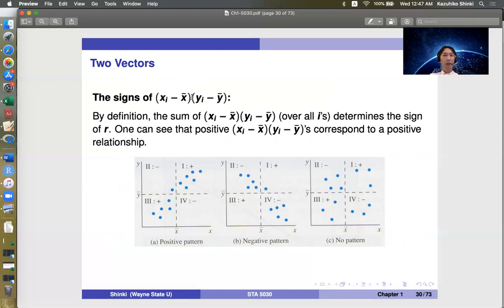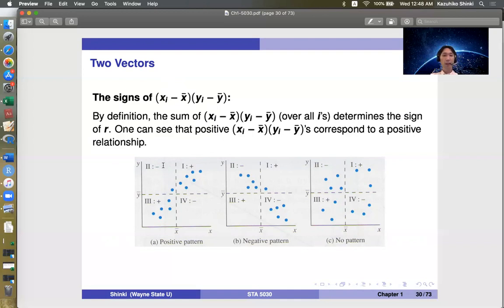So if these two factors are both positive, then the product is positive. If one is positive and one is negative, then the product is negative. If both are negative, then the product is positive. That is the key fact to explain why the correlation coefficient is positive when we have a positive linear relationship.